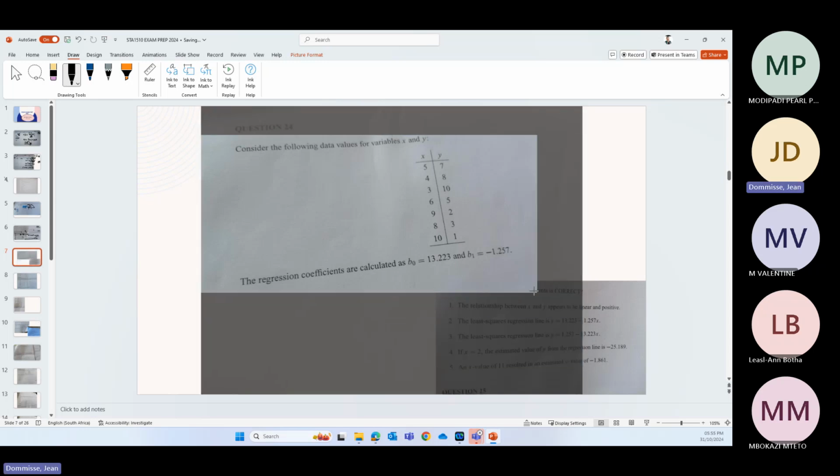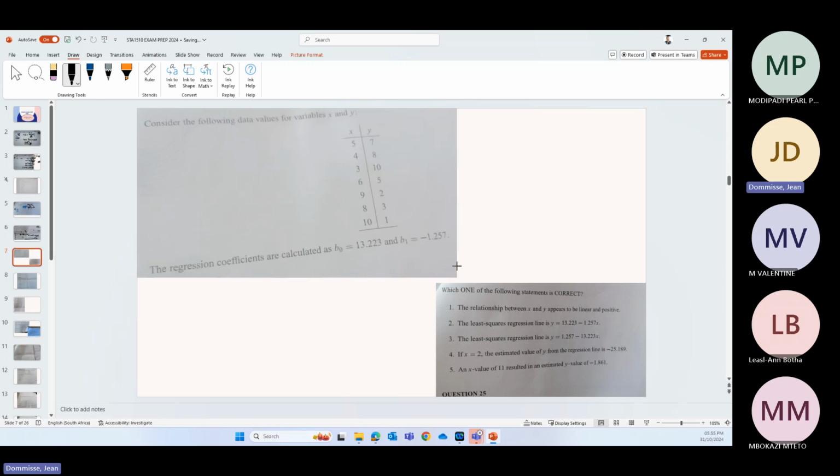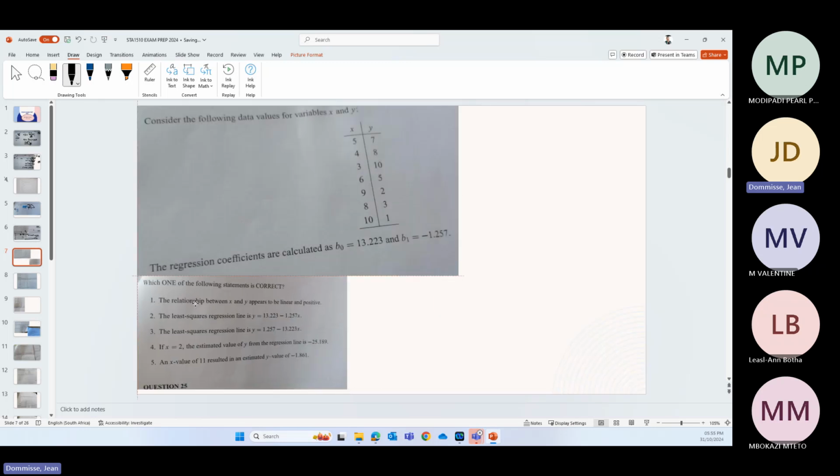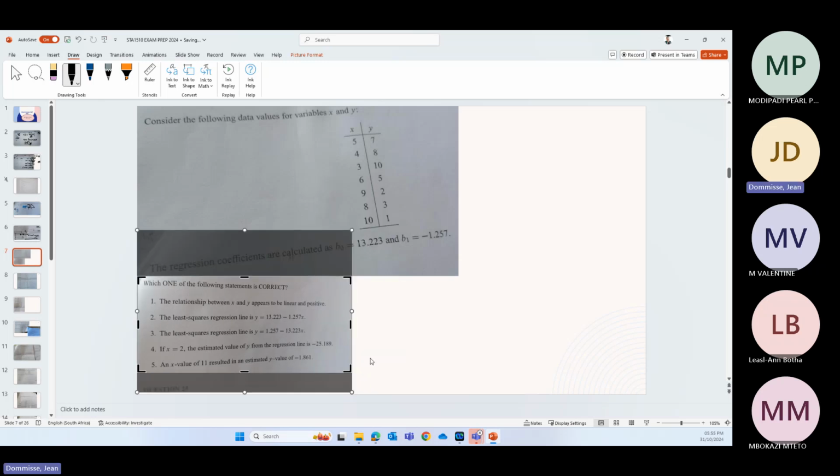So again, you guys will see now they're not unfair with the information they are giving you. Let's just crop this a bit more.